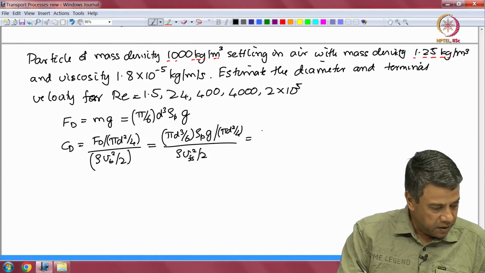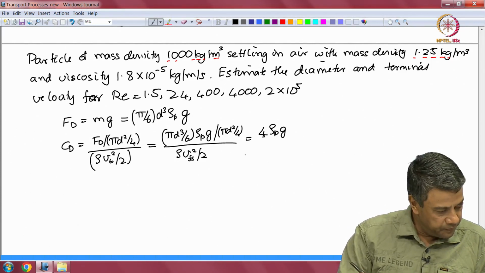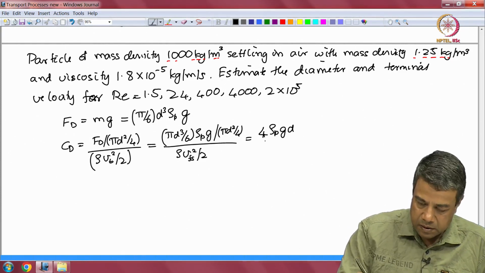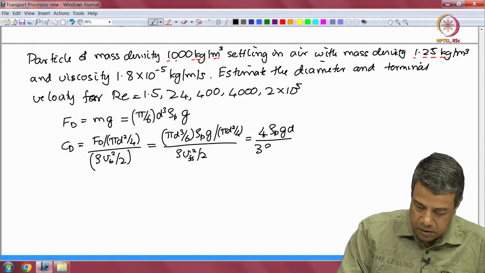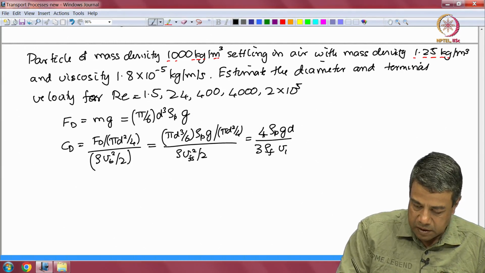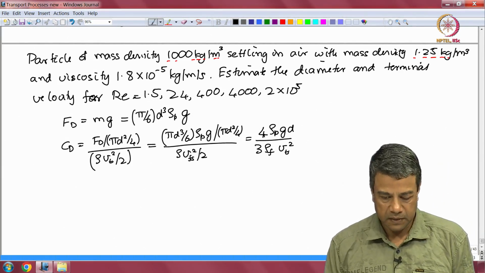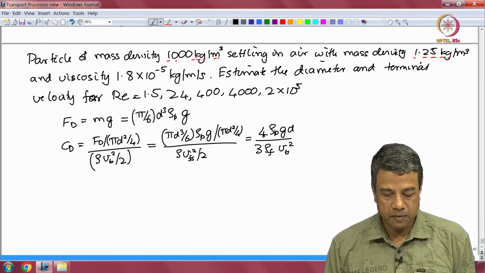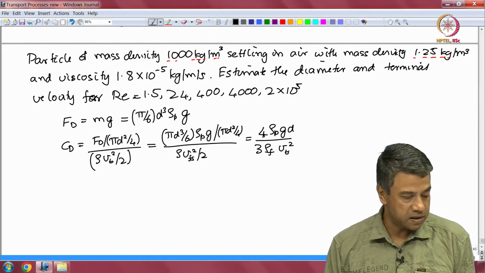Simplify, you will get 4 rho p g d by 3 rho f times v t square. Note that v square by g d is the Froude number. So, this is 1 over the Froude number squared times the density ratio.